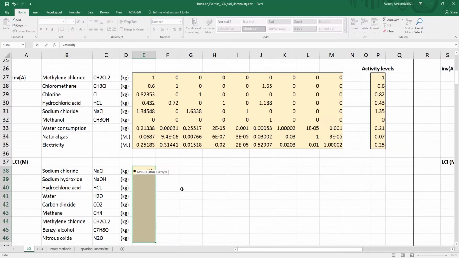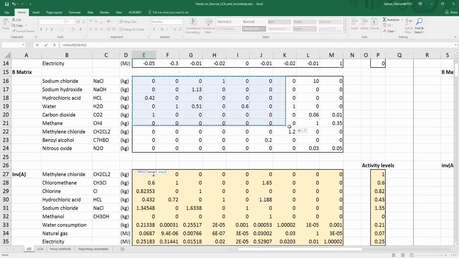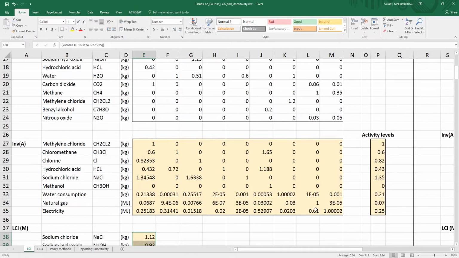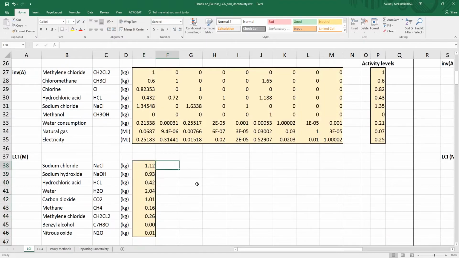Open the parenthesis, select the area for the B matrix, put a comma in between, select the activity level, which is the X vector, close the parenthesis, and hit Control Shift Enter all at the same time. Then you have the life cycle inventory.